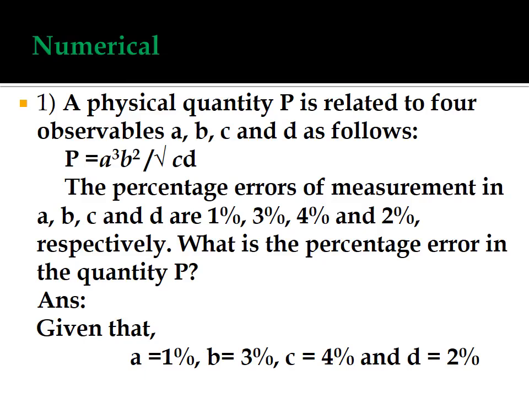P is equal to A cube B square whole divided by root of C D. The percentage errors of measurement in A, B, C and D are 1%, 3%, 4% and 2% respectively. What is the percentage error in the quantity P?